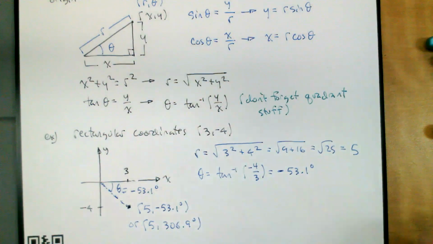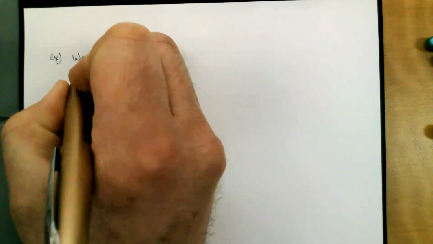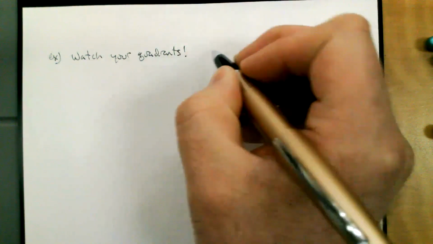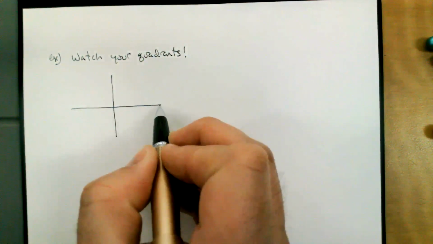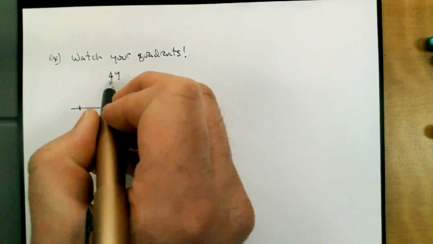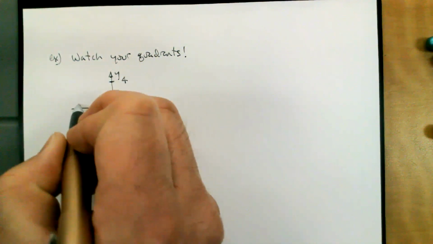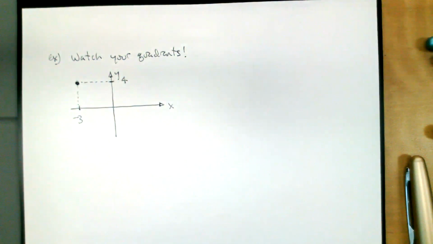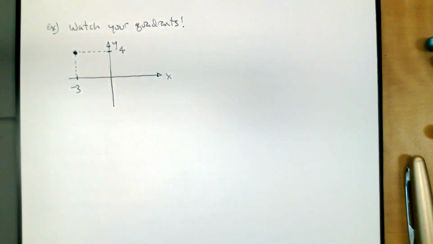We do got to watch out for quadrant stuff. Let's say we have rectangular coordinates of -3, 4.